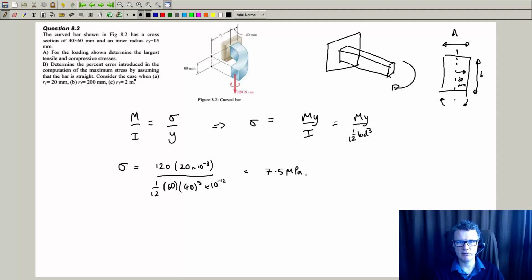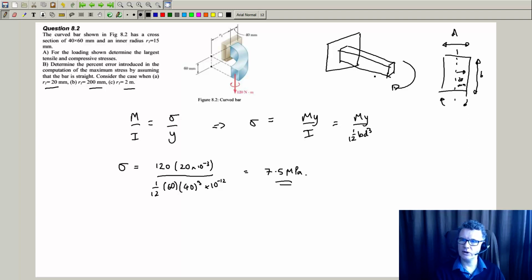Okay, so that's what we just want to do for the first bit. And the next bit, which becomes a bit tedious, we're going to compare this result with these various results where we're going to have different curvatures. 20 millimeter curvature, 200 millimeter, and then 2 meter curvature. Obviously, what we're trying to show here is that we make this thing more and more curved, and we're not changing the amount of bending.